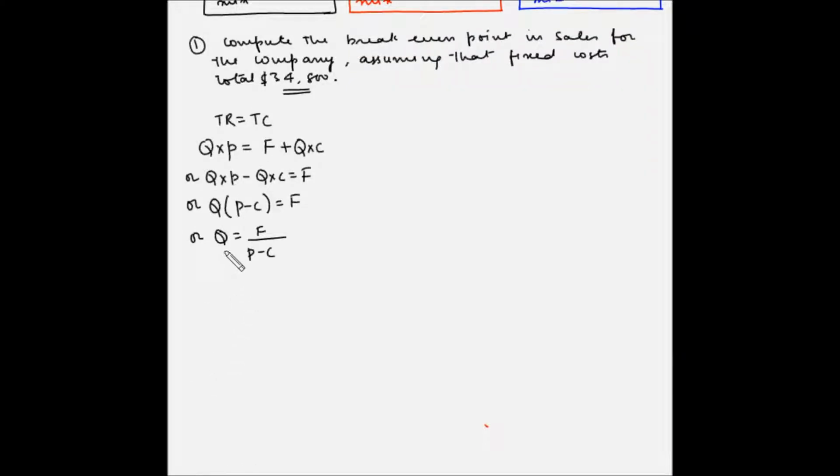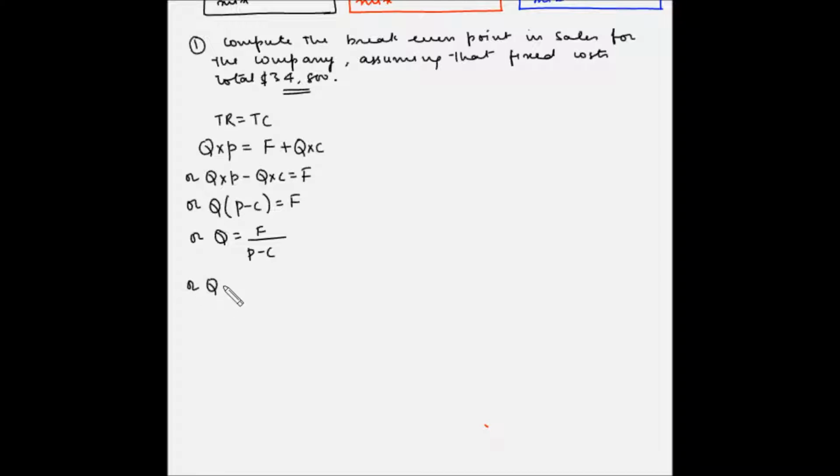Now if you want to find out what is the break-even point in terms of sales, then we have to multiply this Q by P, because Q multiplied by P will be the total revenue.